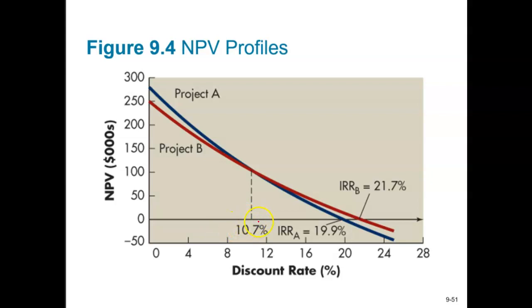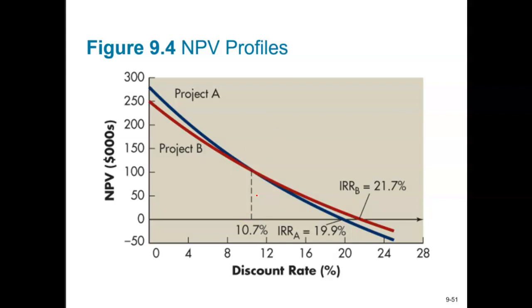If the discount rate is more than 10.7, that is the crossover rate, then IRR for project, this is project B, right? Red is project B. Project B is preferred over project A. Okay, so this is the indifference based on the crossover rate. So that's what is the conflicting rank sometimes.